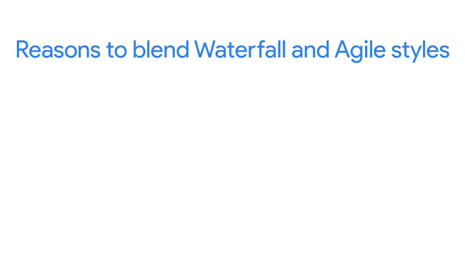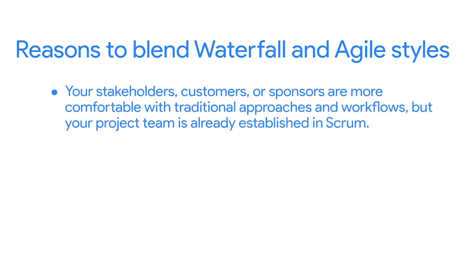So even though these two approaches have clear differences, blending them might make a lot of sense, depending on the type of project or project team you're working with. Here are some reasons you might want to blend Agile and Waterfall styles. Your stakeholders, customers, or sponsors are more comfortable with traditional approaches and using workflows, or delivering traditional work products is easier for them to understand and follow.